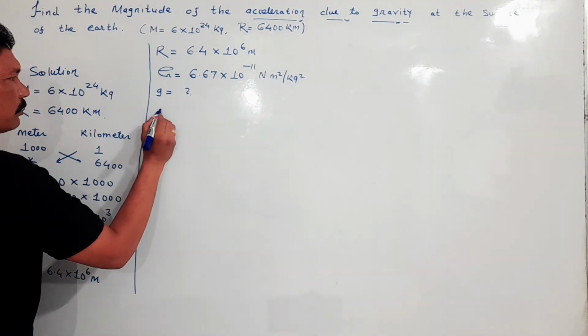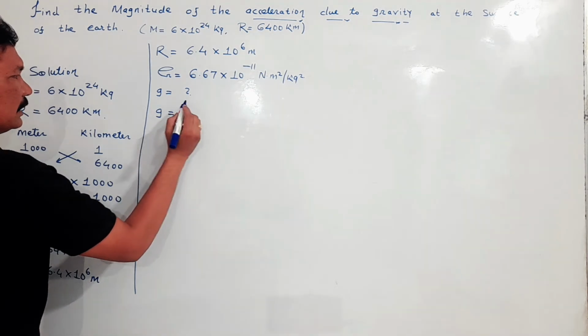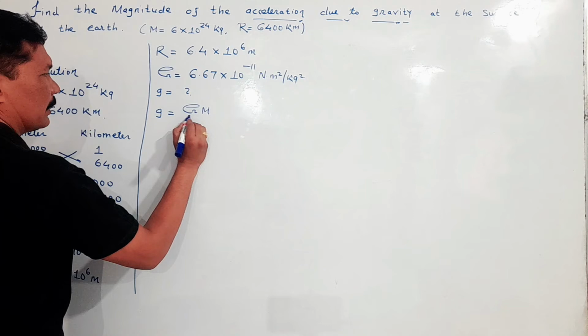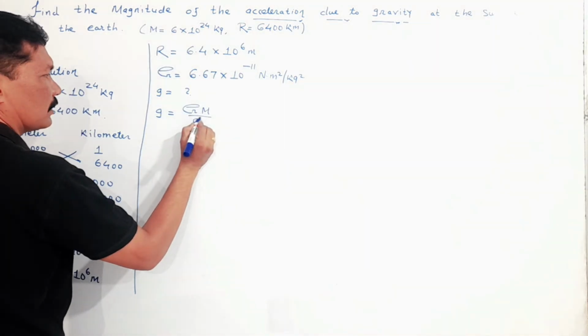The formula of acceleration due to gravity is g is equal to capital G into capital M upon R square.